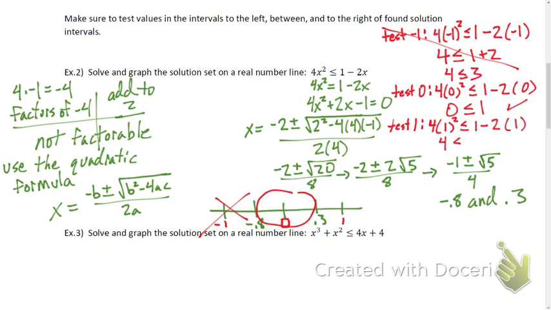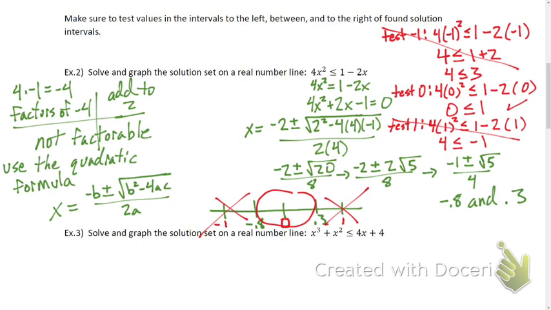And we get something very weird. We get 4 is less than -1. That doesn't make sense. All right, so our final answer is -0.8 up to 0.3, that one interval.